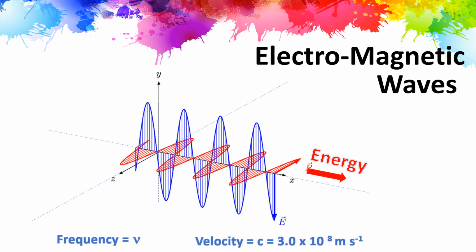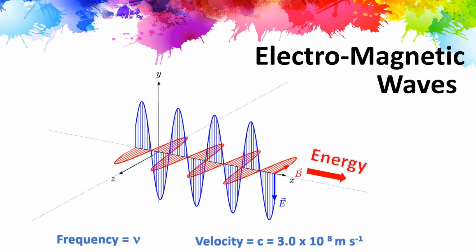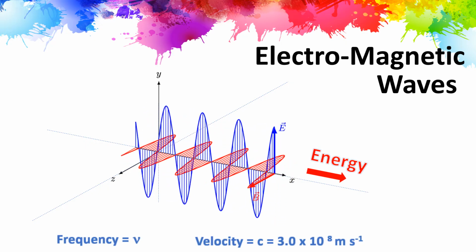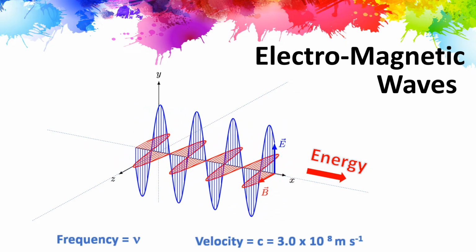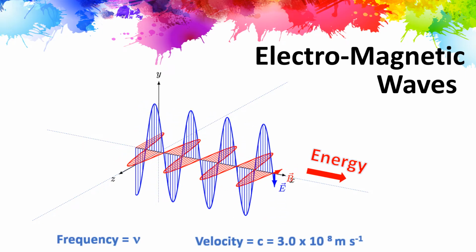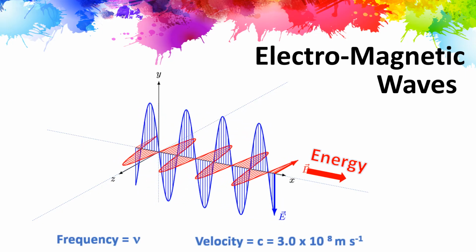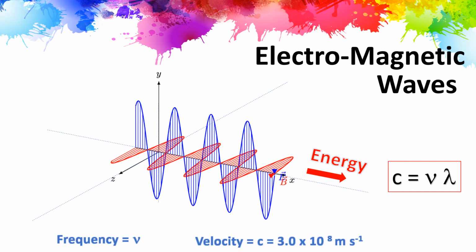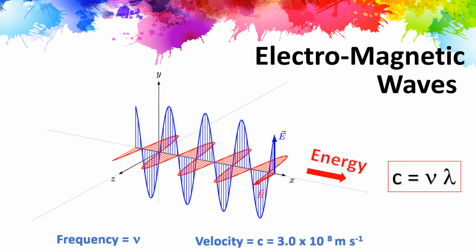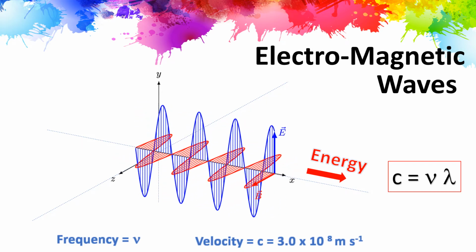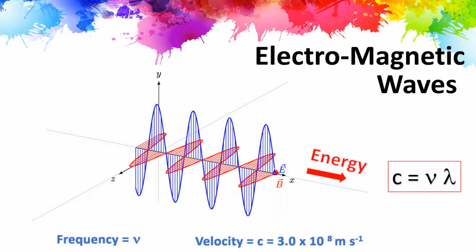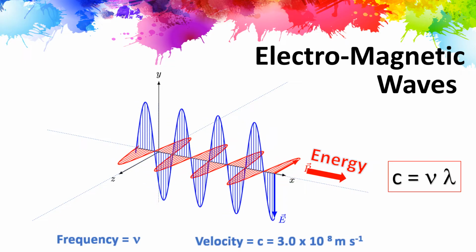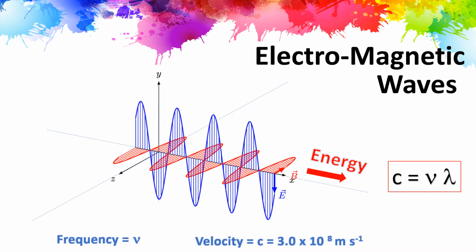Light is also an electromagnetic radiation that has a velocity of 3 times 10 to the power 8 meters per second. That is not only the speed of light, that is the speed of every electromagnetic radiation. Therefore we can write the relationship: c is equal to nu lambda. Nu means the frequency of this electromagnetic radiation, and lambda is the wavelength of this electromagnetic radiation.